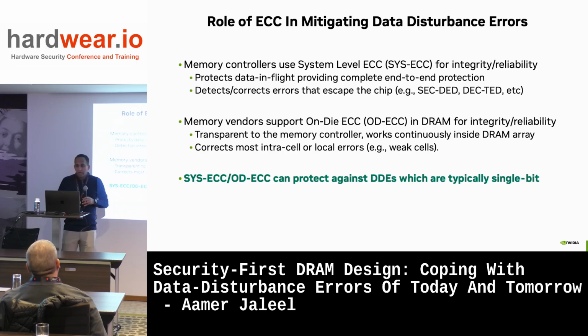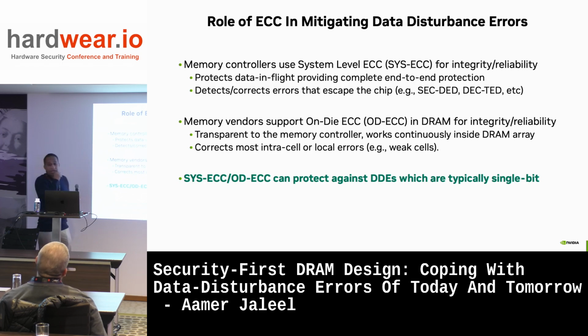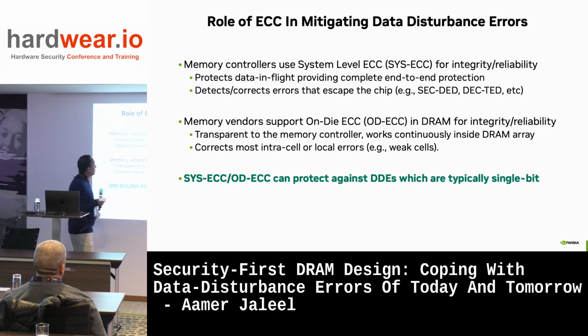Okay, the next thing that I'll quickly talk about is the role of ECC in mitigating data disturbance errors. Memory controllers use system-level ECC for integrity. It protects data in flight and gives you end-to-end protection. You have mechanisms like SECDED and Chipkill to do so. Memory vendors are also supporting on-die ECC for in-DRAM integrity, which is transparent to what the memory controller does.